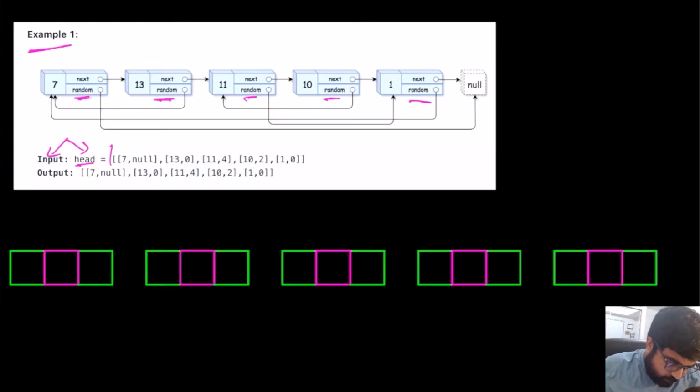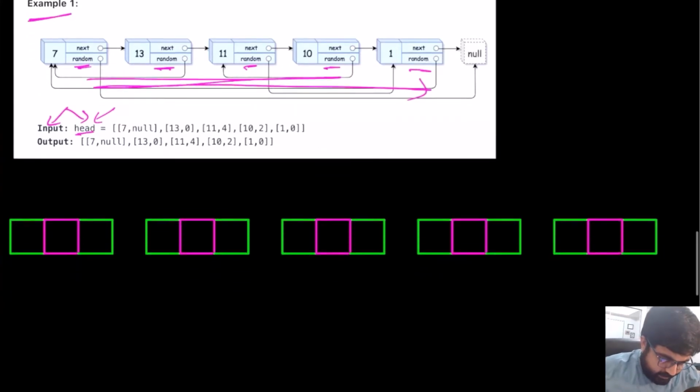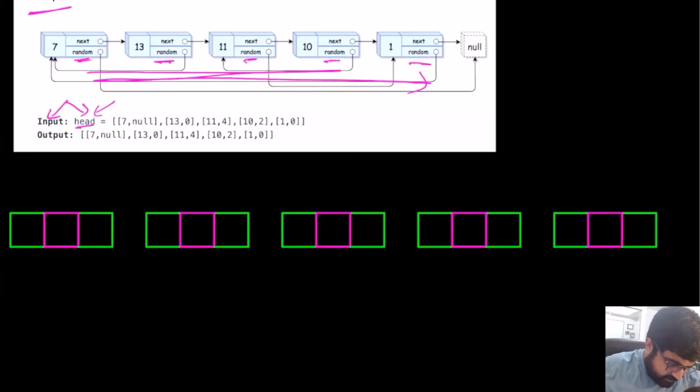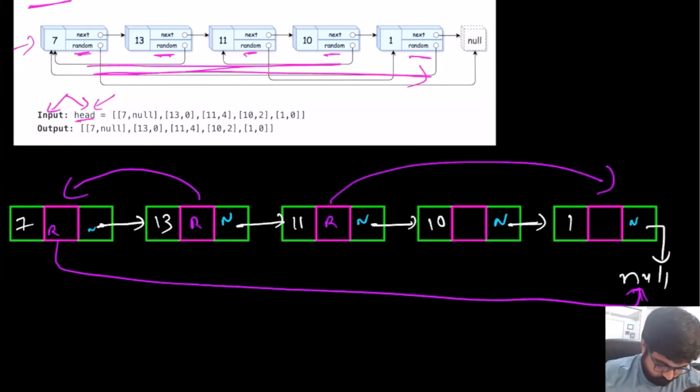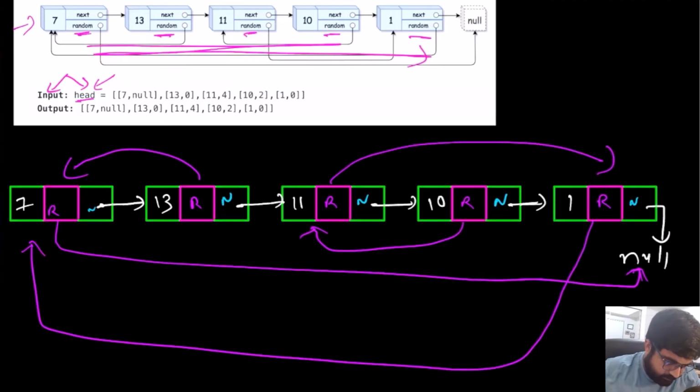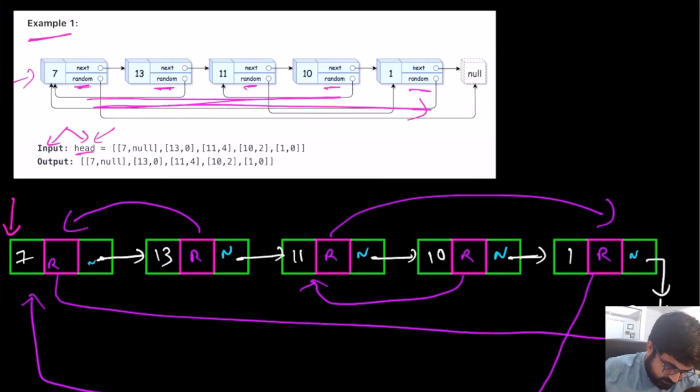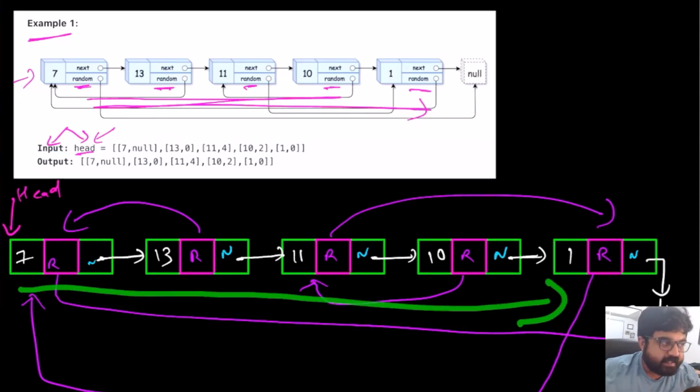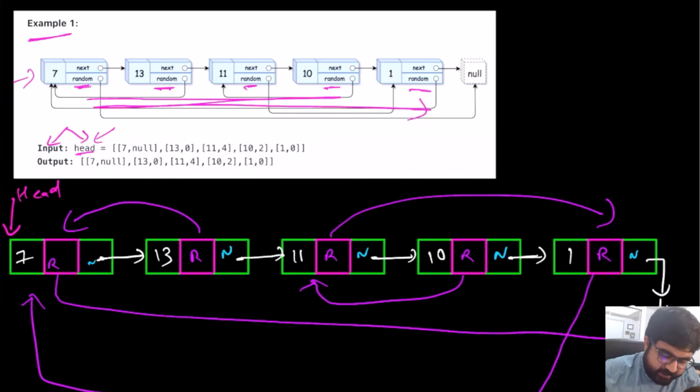And in the output, based on this given head value, we need to iterate over this entire linked list, and after iterating, we need to create an exact copy of it. If we see the structure of this given linked list, it is going to look somewhat like this. So we are initially located at this position, the head of the linked list, and we need to find a way to iterate over this entire linked list in the exact manner and create a deep copy.